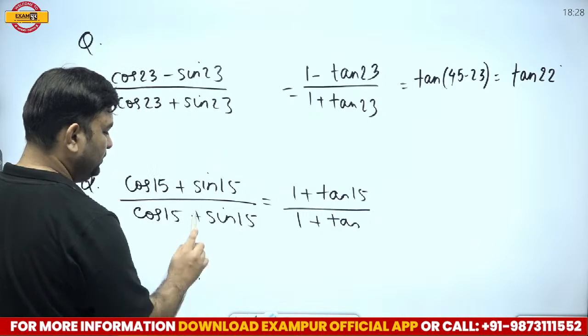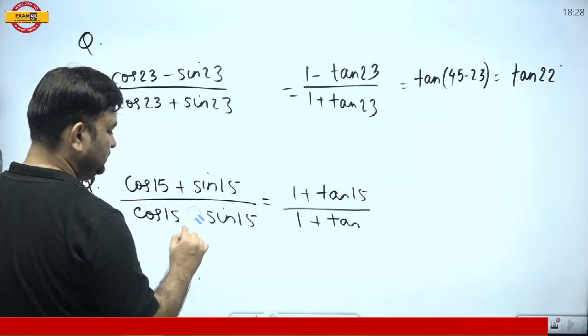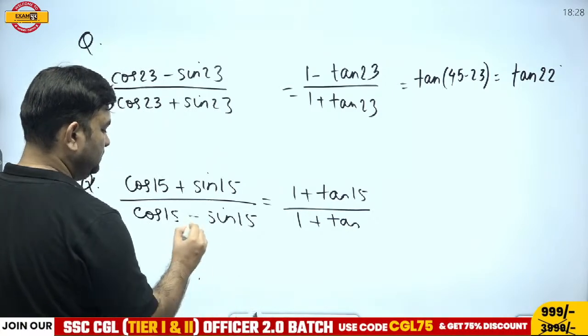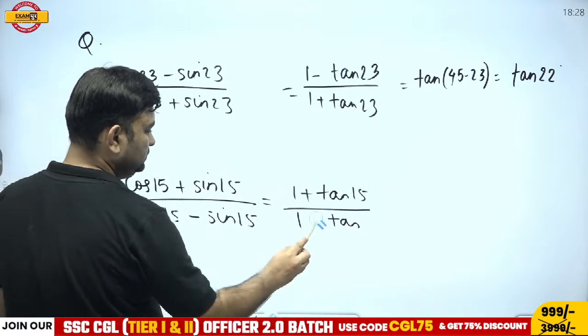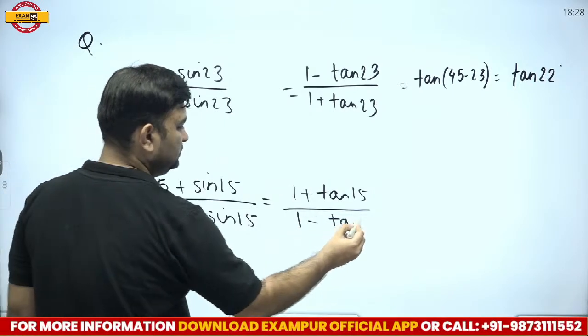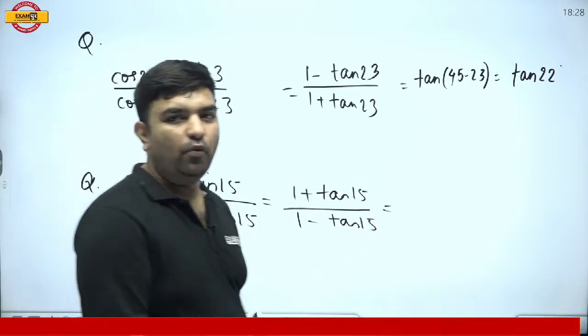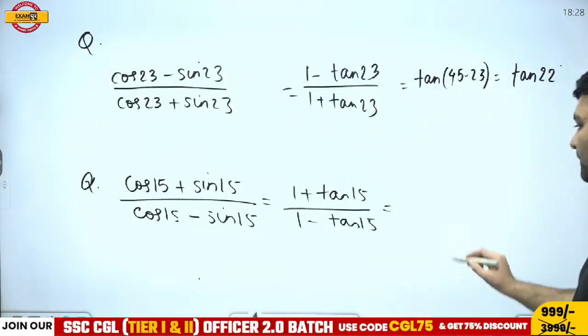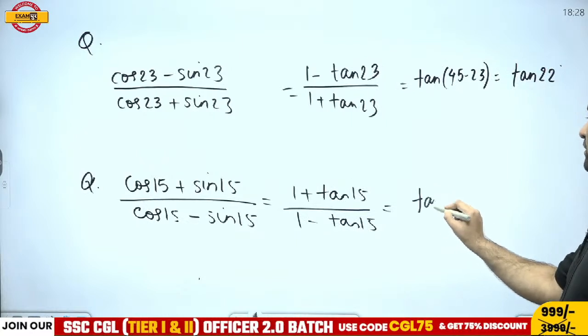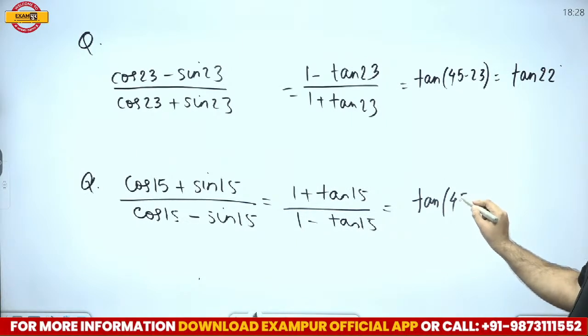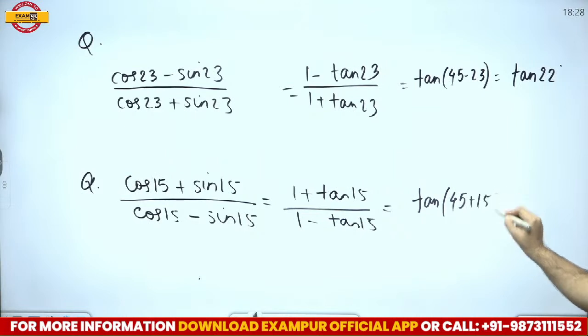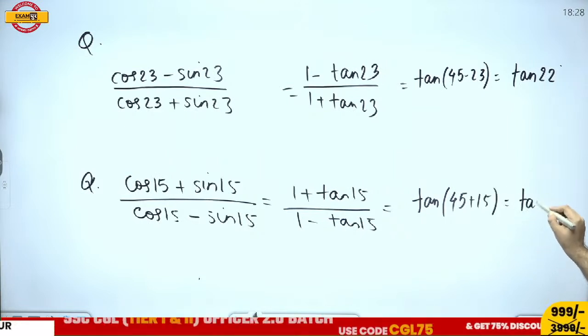1 plus tan theta upon 1 minus tan theta is tan 45 plus theta. Tan 45 plus 15 is tan 60.